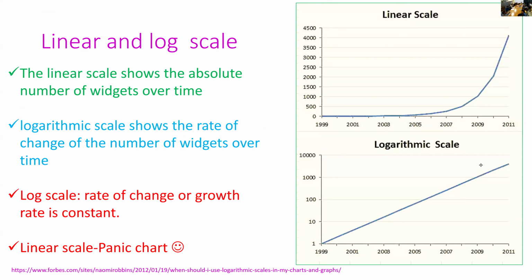But if I change the y-axis to logarithmic scale, it suddenly looks like the rate of change has remained the same. So this linear scale is also called a panic chart. Crime, domestic violence, IV drug abuse, it'll all look like this. But if you put it on a logarithmic scale, suddenly it doesn't look so bad. So you can decide. You should not try to manufacture a story, but you can make any story you want, and that's why this linear scale is often called a panic chart.